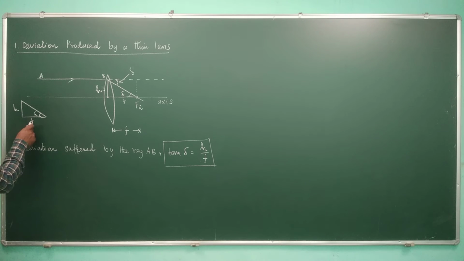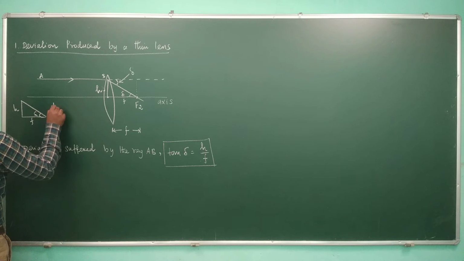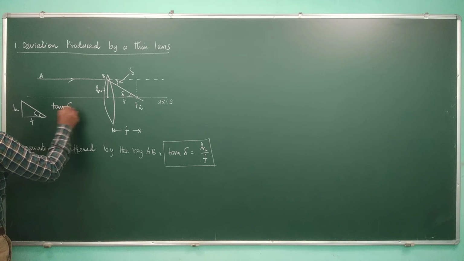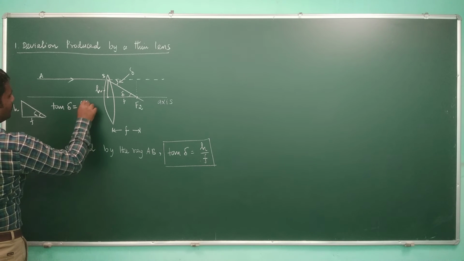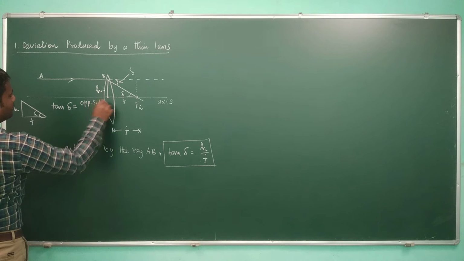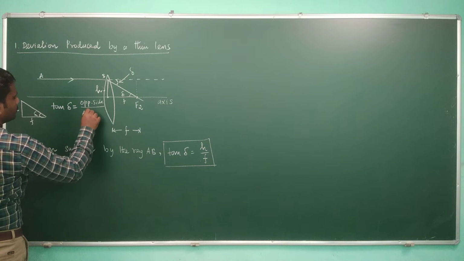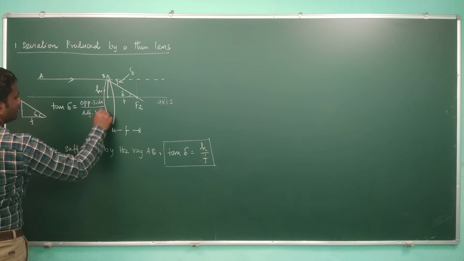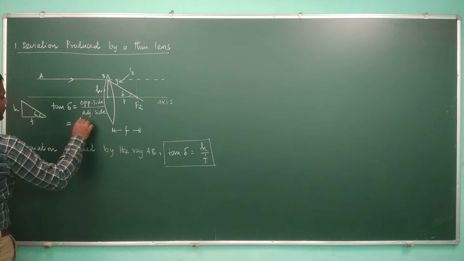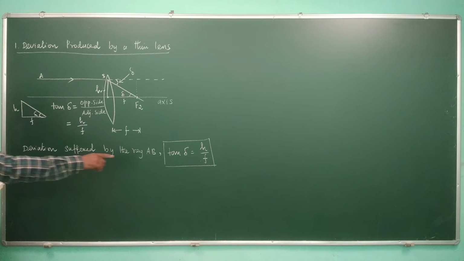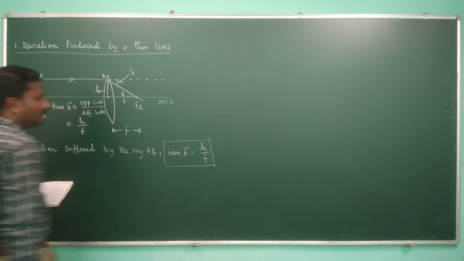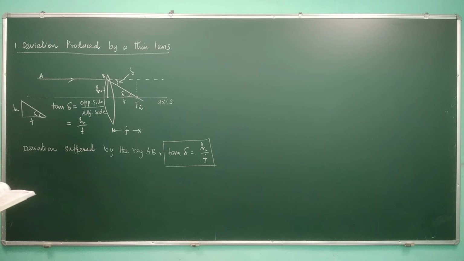The known quantities are the opposite side and the adjacent side. So using them, you can write tan delta, which is the opposite side divided by the adjacent side. Here the opposite side is h and the adjacent side is f, so tan delta is equal to h by f.